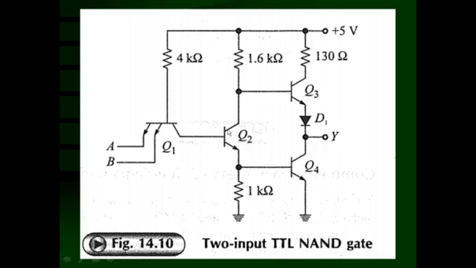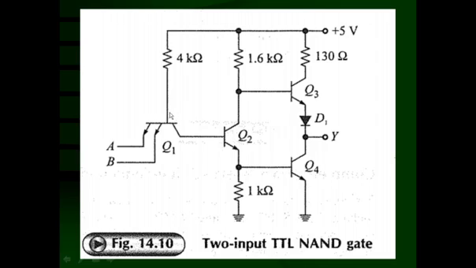Now, to conduct Q2, how much potential is required? With respect to this, the potential of the base should be higher by 0.7 volt. That means 0.7 plus 0.7, at least 1.4 volt is required at the base of Q2 to conduct transistor Q2 as well as Q4.